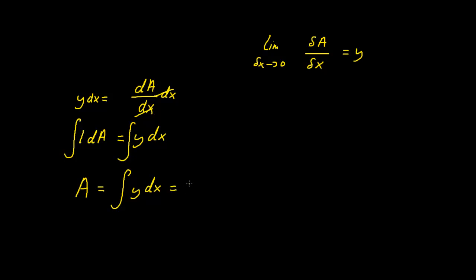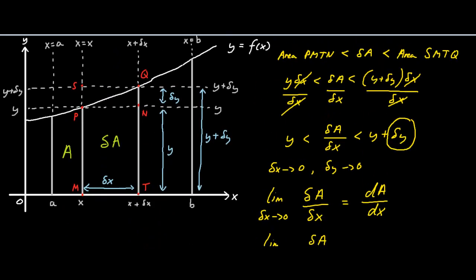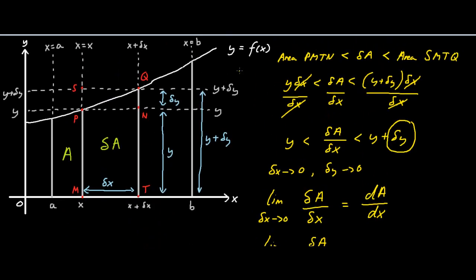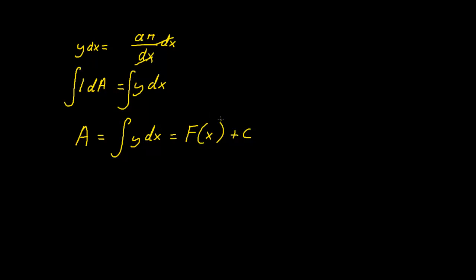And that equals a function of x plus a constant. Now, this function of x is not the same as the function of x of this curve. Don't mix the two together. It's the function of x you get after you've integrated y dx.